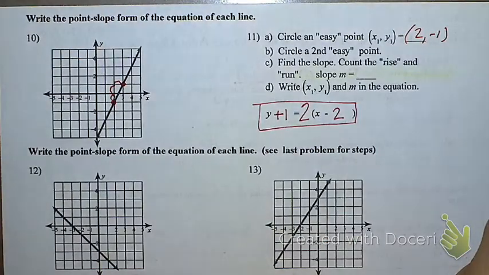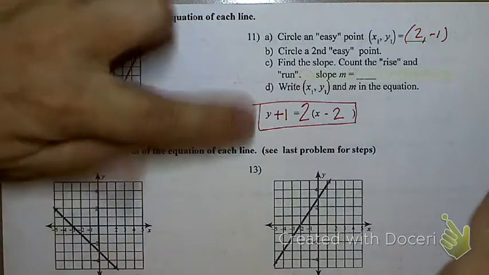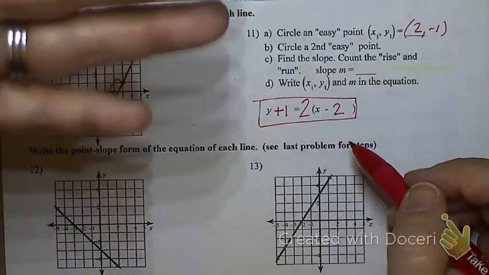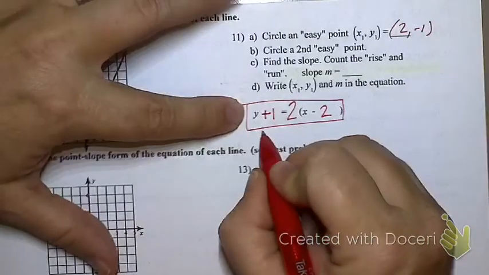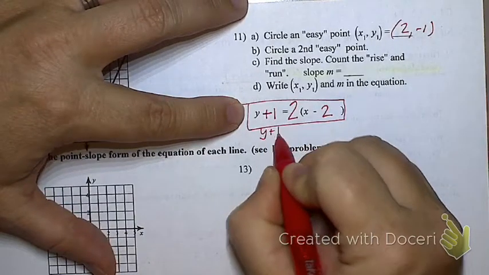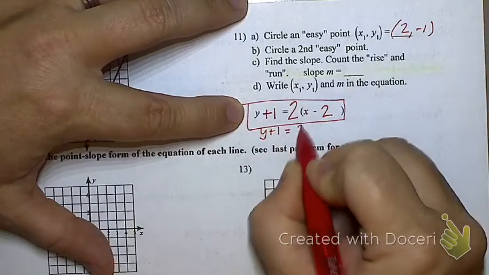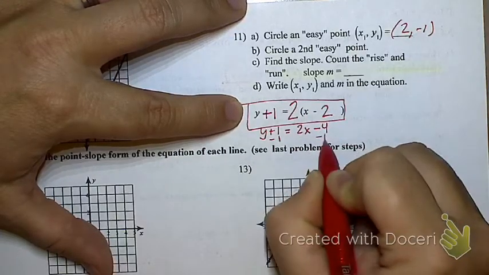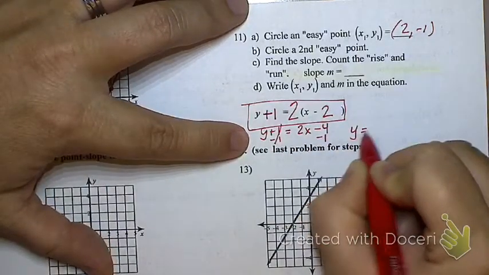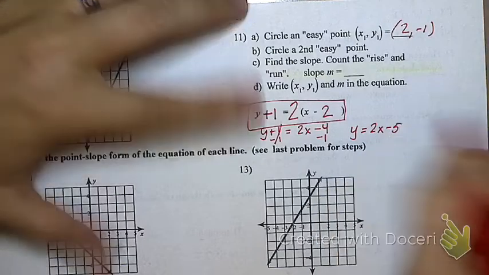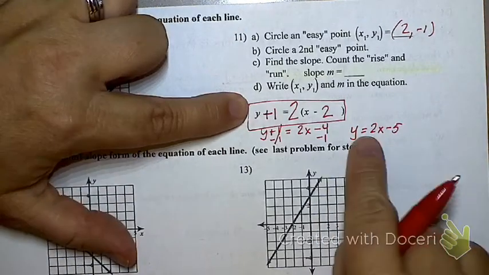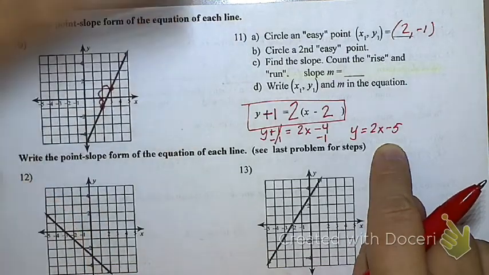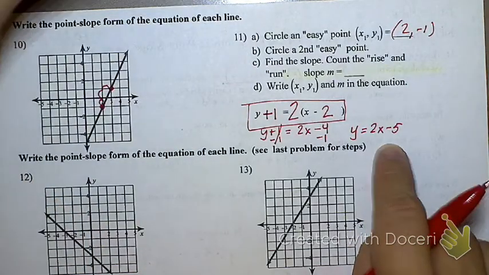Now, to tell if your equation is correct, let's go to y equals mx plus b form, and we should have the same thing, right? So if I say y plus 1 equals 2x minus 4, and I subtract 1, I get y equals 2x minus 5. As long as whichever point you plugged in here becomes y equals 2x minus 5 in slope-intercept form, then your answer is correct also.